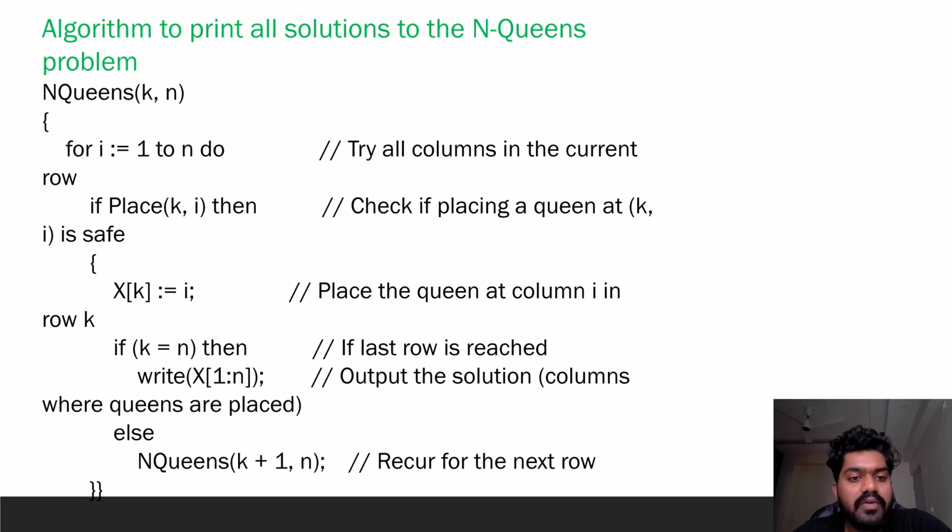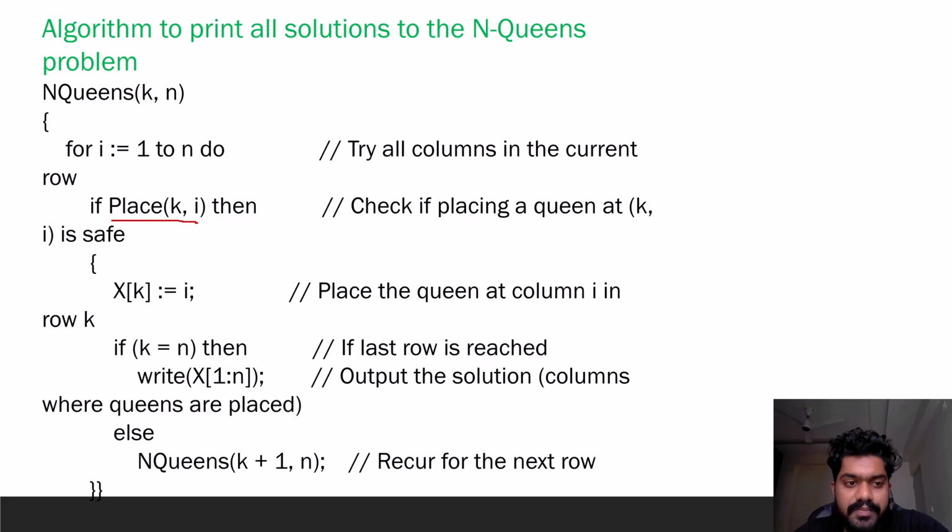For all columns, we use a for loop from 1 to n. As we have discussed, we'll check whether the queen can be placed. The Place(k, i) function will be called. If it is true, then it goes to the for loop and gives the column number x[k]. x[k] means here, first, x[1]. x[1] equals i, where the column number is 1.